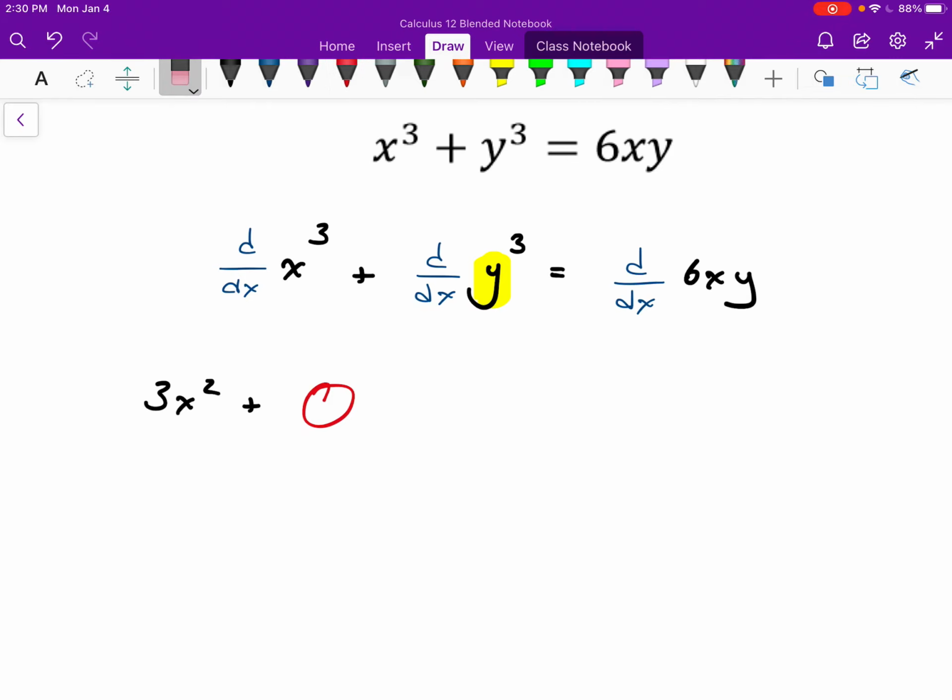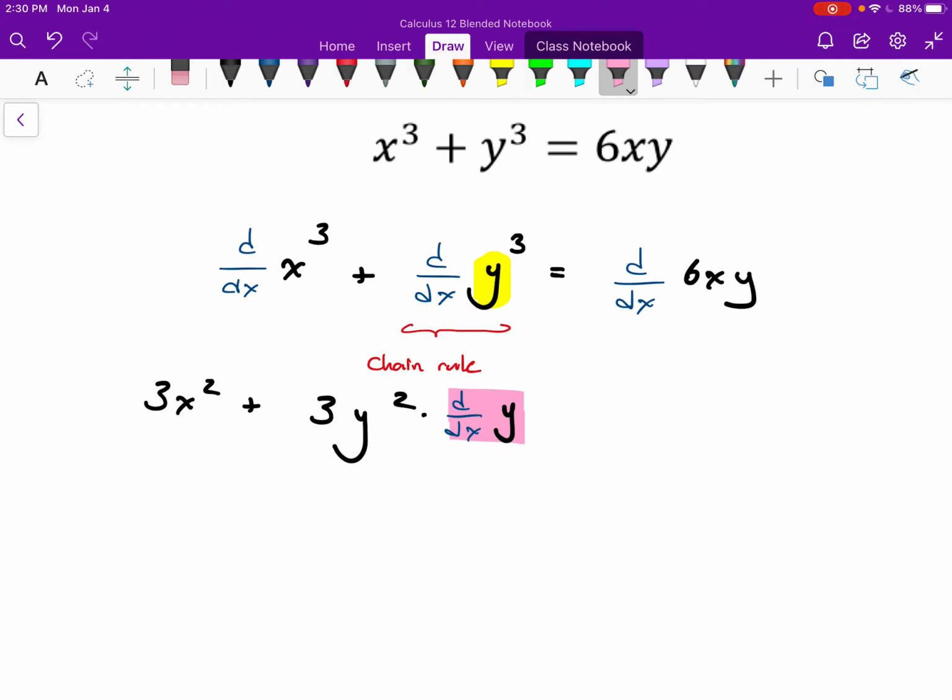And so I use the chain rule again. Where my outside function is the cubic function. So the derivative of that is going to be 3y squared times the derivative of the inside function. And the derivative of the inside function is d dx of just y. And again, that's what we're trying to figure out. That right there is same as dy dx.